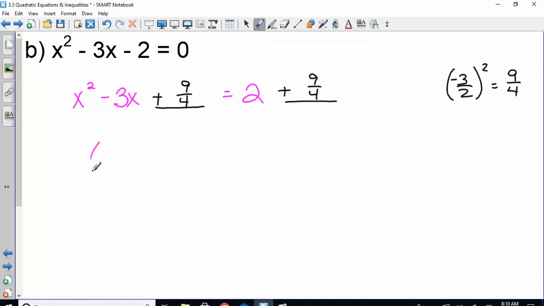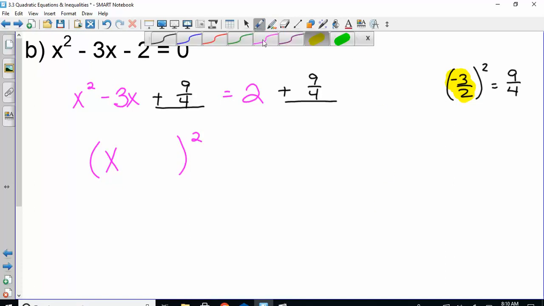We know that we just made a perfect square, so this should go to something squared. On the last one it was a little more obvious, but whatever goes in here is just what that number was before you squared it. So that would be x minus 3 over 2.